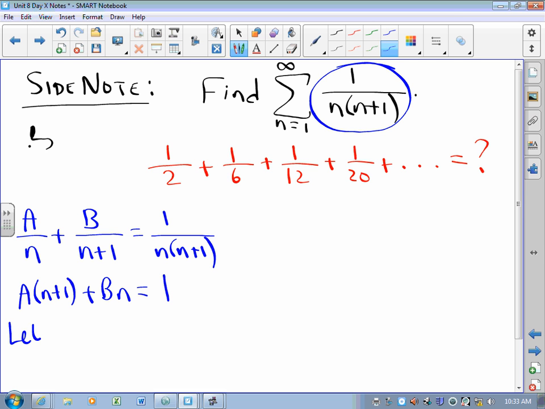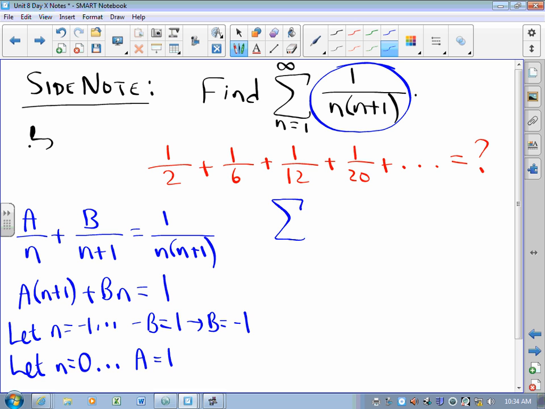And so we make a couple of strategic substitutions, just like we did during partial fraction decomposition. We get negative B equals 1. And then we let n equals 0, and we get that A equals 1. And so what do we really have? We really have a sum, 1 to infinity, of 1 over n minus 1 over n plus 1. Well, now we can start subbing in some terms.